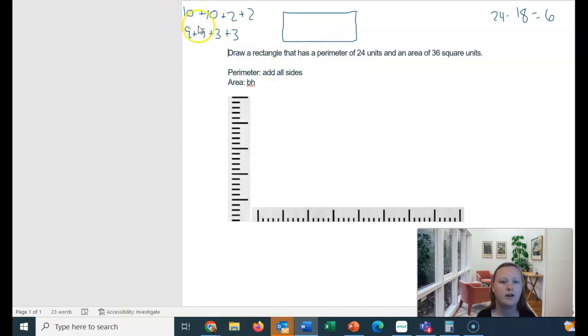So I've done 9 and 10. Let's just keep going down. Let's just do 8. 8 on this side, 8 on this side. We know 8 plus 8 is 16. So 24 minus 16.